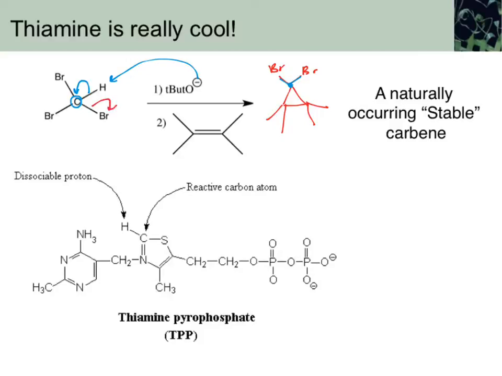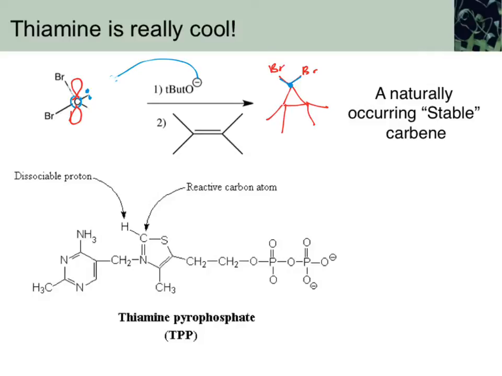Bromine can ditch the structure, and so our carbon becomes a lone pair of electrons and an empty p orbital. That empty p orbital can act as our electron acceptor, and the lone pair of electrons can act as an electron donor. Thiamine's doing the same thing, through a slightly different system.